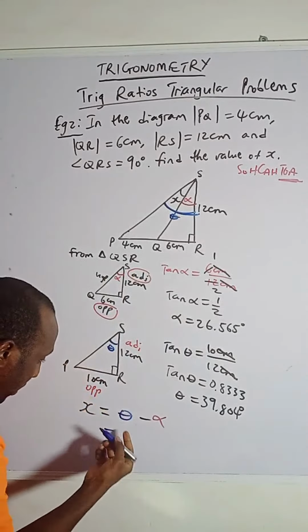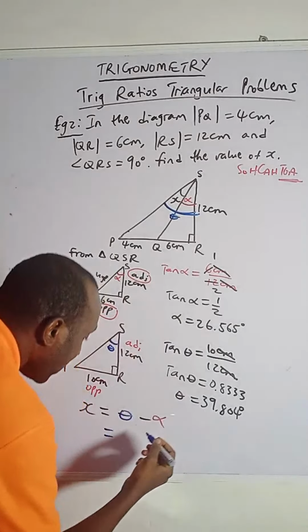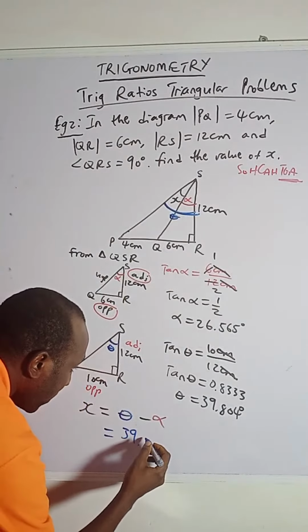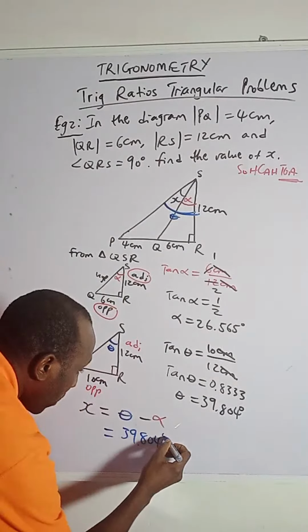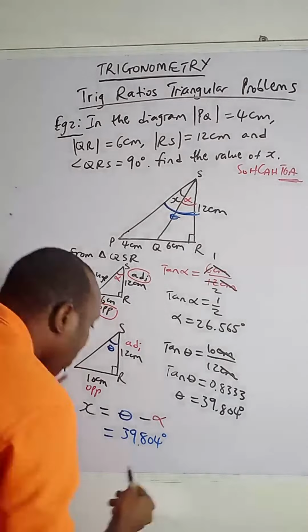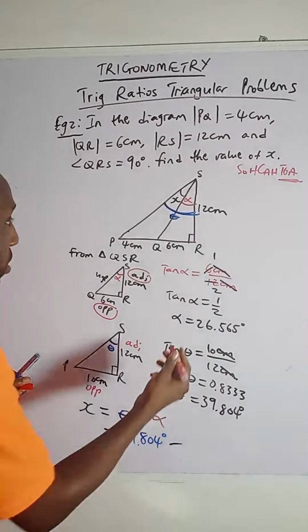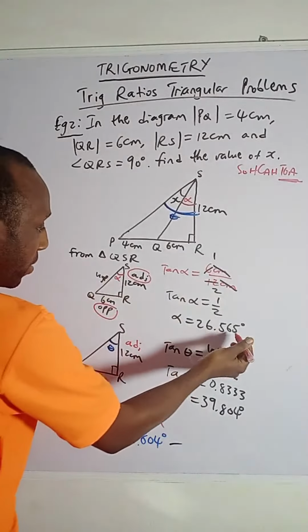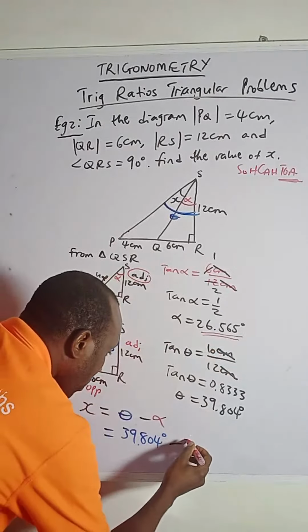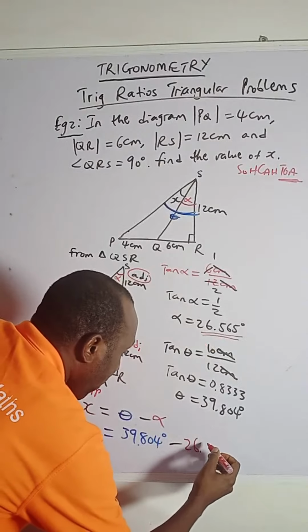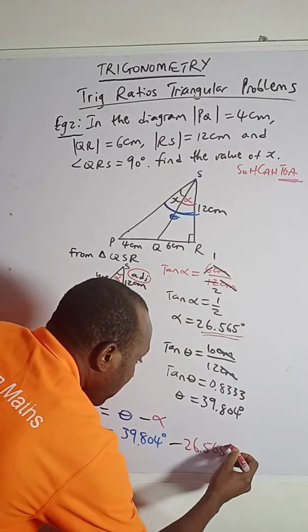Okay, so let's keep going now. What is theta? Theta was gotten as 39.804 degrees, and then minus our alpha. Our alpha is 26.565 degrees.